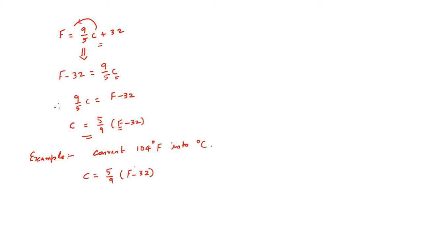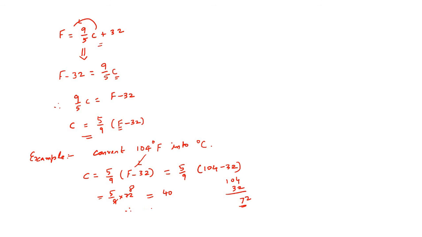In place of F, you put 104, so it is 5 by 9 into 104 minus 32. 104 minus 32 will be 72. If you subtract 32 from 104, you will get 72. Cancel 8 times, so 40.